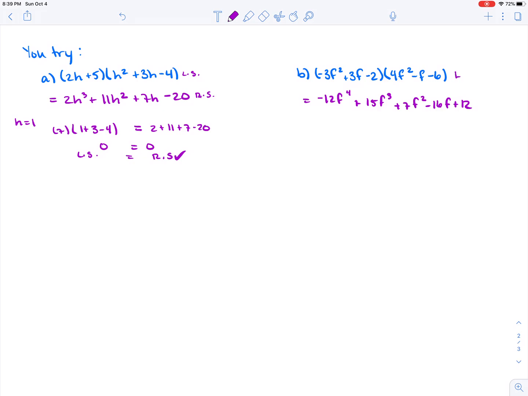And if you let left side equal right side, letting f equal 1, you end up getting, for your check, minus 3 plus 3 minus 2 times 4 minus 1 minus 6, which is equal to 6. And then for the right side, you get minus 12 plus 15 plus 7 minus 16 plus 12, which is equal to 6. And you see that the left side does indeed equal the right side.